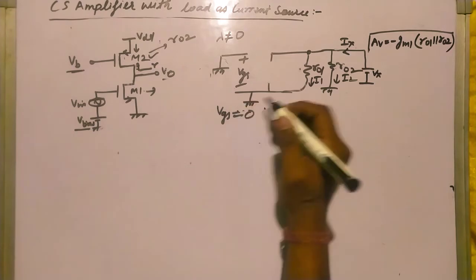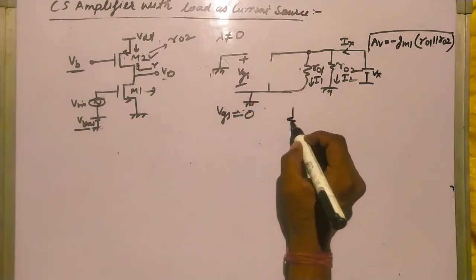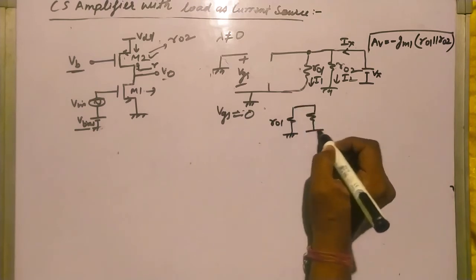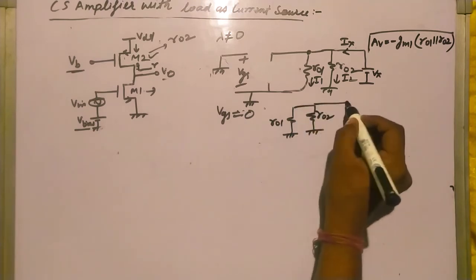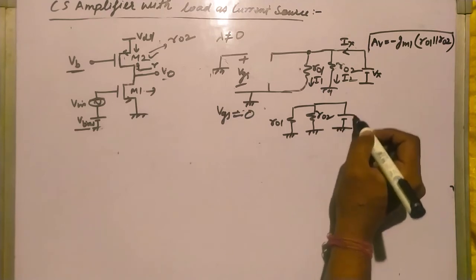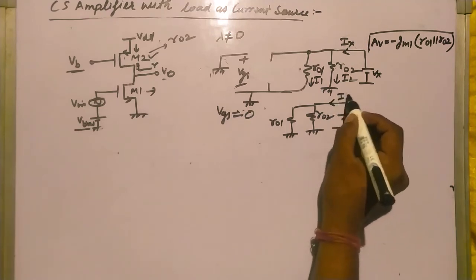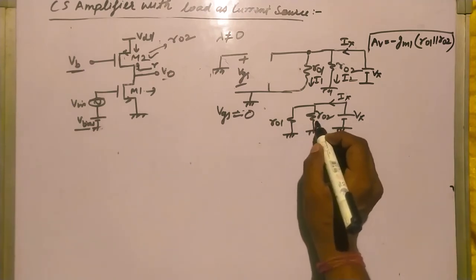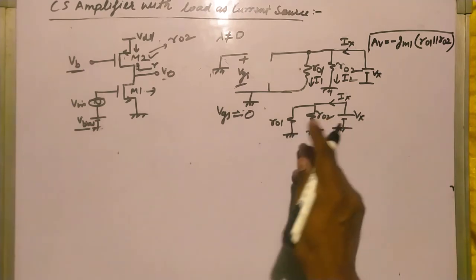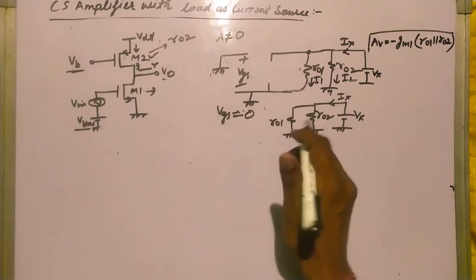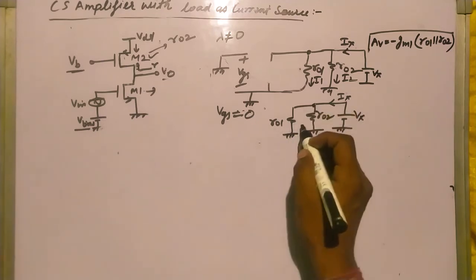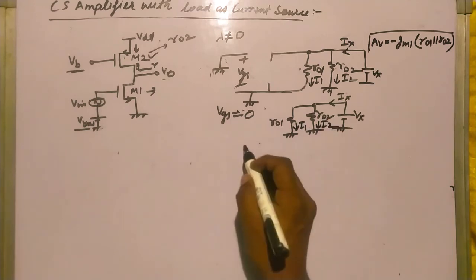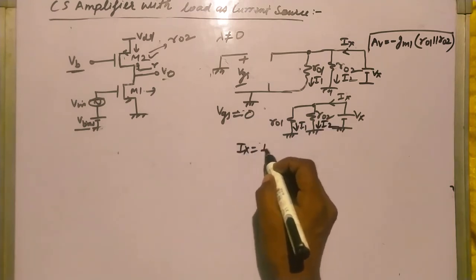So now how will my circuit look? It will look like this: R01, R02, Vx, Ix. So the voltage across this and this is Vx, right? Now apply the KCL on this node. Let the current flowing through this be I1 and through this be I2. So Ix equals I1 plus I2.